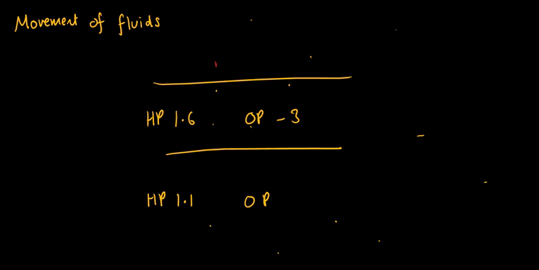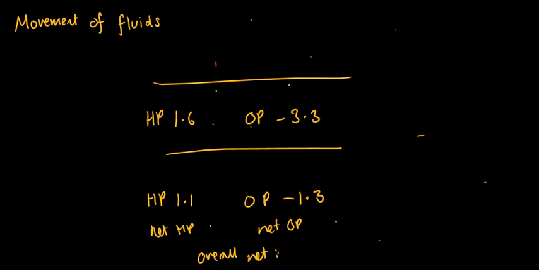Oncotic pressure, we're going to keep the same. And you've probably already guessed this is going to be at the venous end. But try and calculate net hydrostatic pressure, net oncotic pressure, and then overall net pressure, and pause the video and have a go at seeing if you can calculate this.